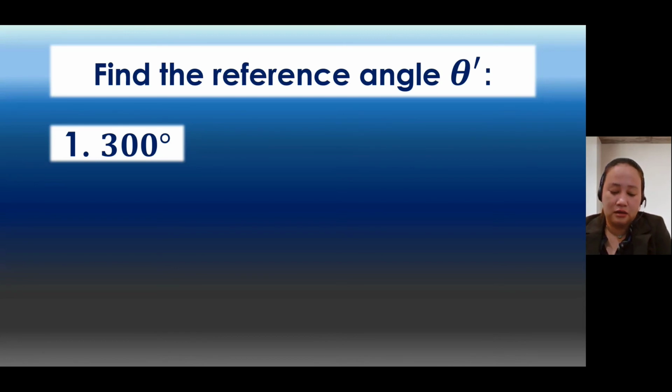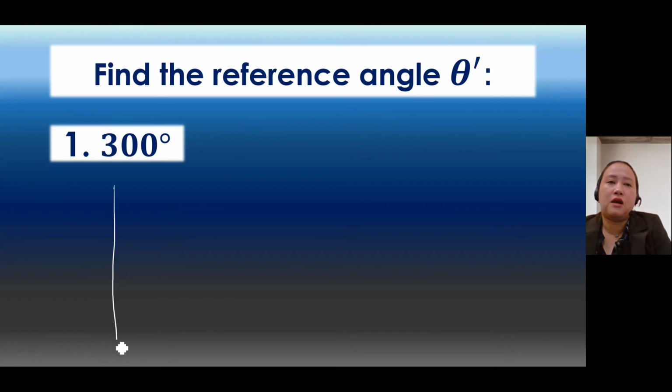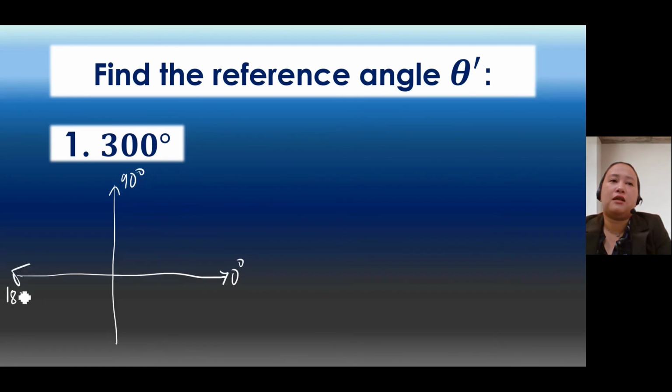So the given angle is 300 degrees. If we're gonna solve this graphically, let us just graph. This is 300 degrees. This means positive. So we have your 0 degrees, 90 degrees, 180 degrees, 270 degrees, 360 degrees.